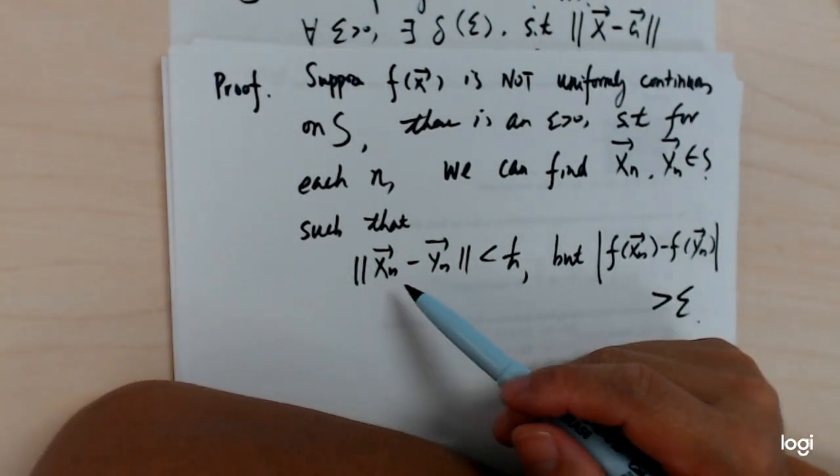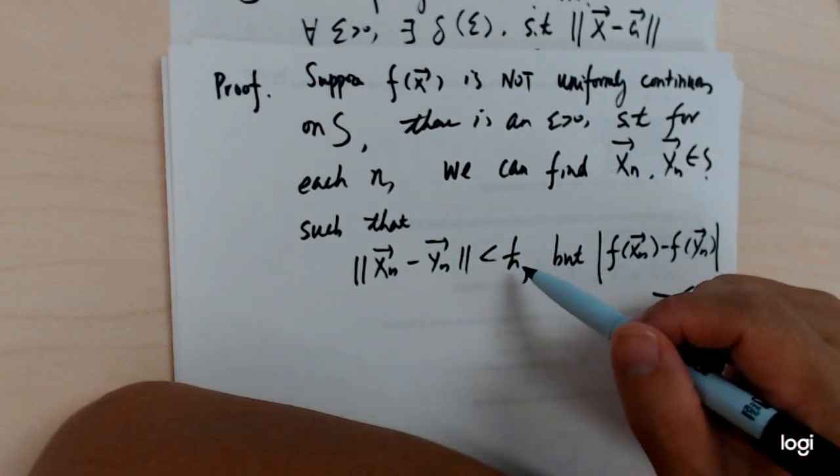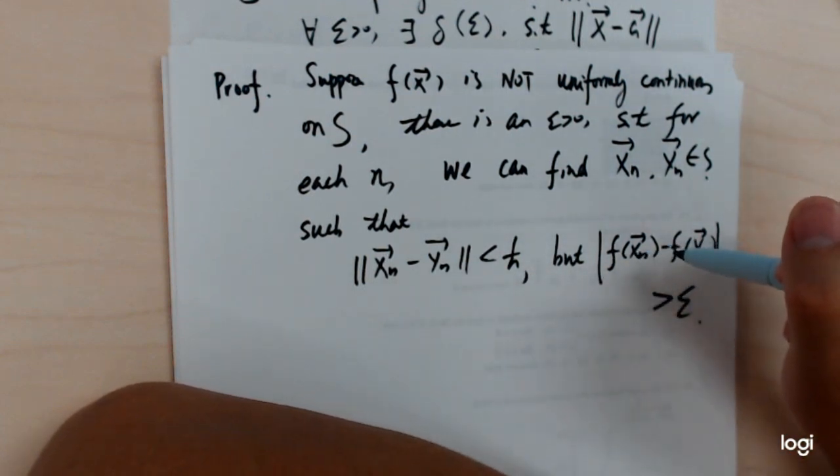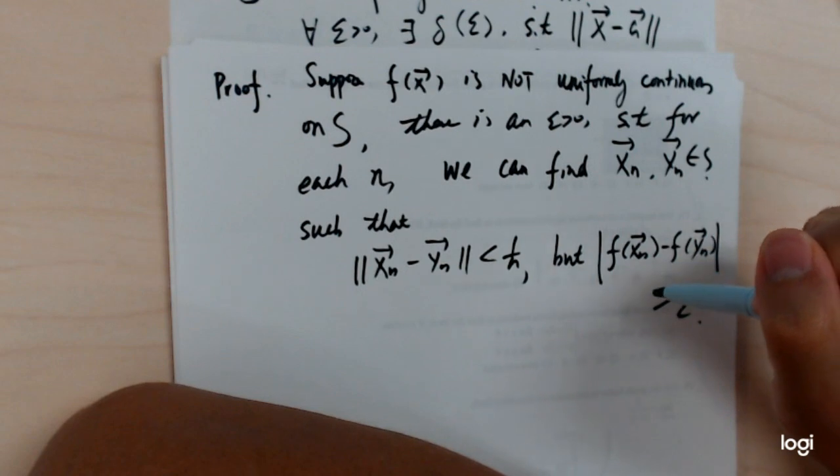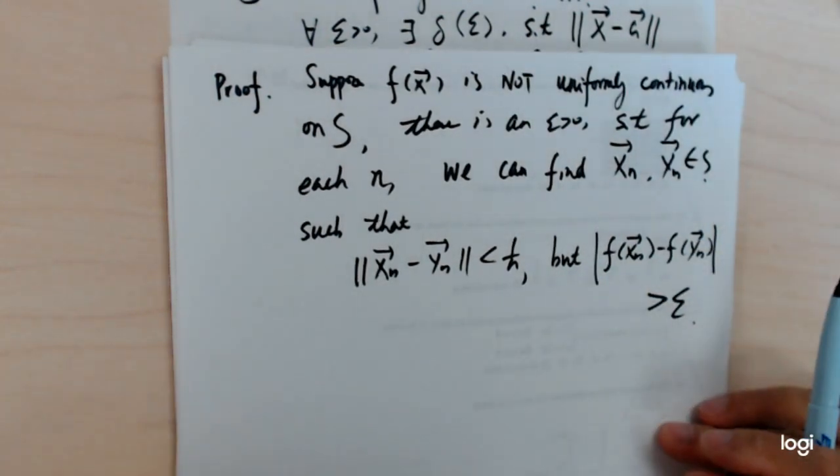So even though x_n and y_n are getting closer and closer to each other, the function's values are not staying close. They're bigger than this given epsilon.